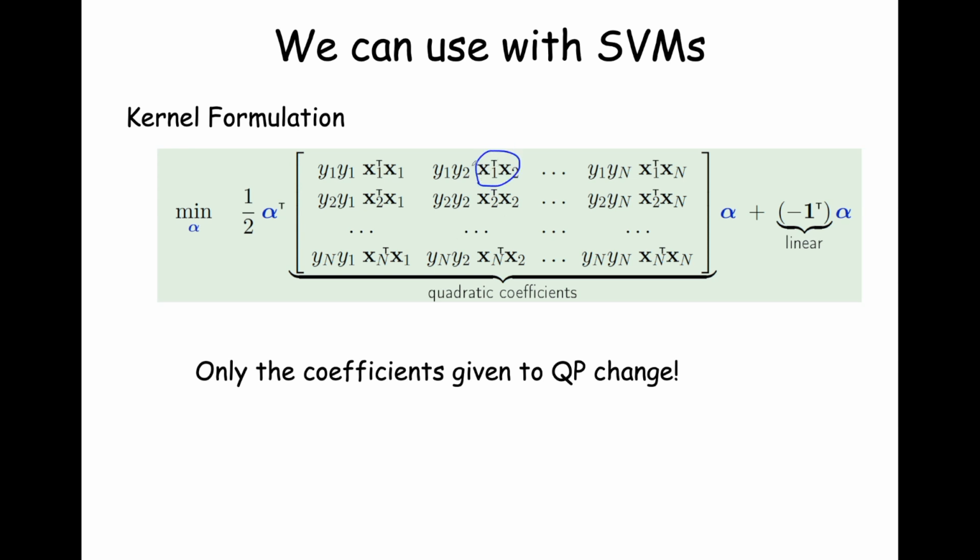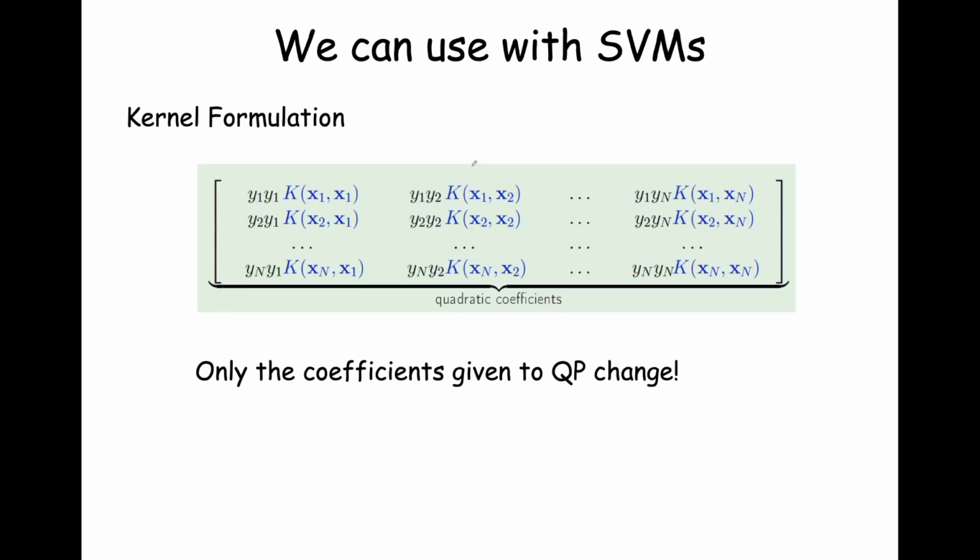We're going to now use the kernel function in place of these inner products. We're going to run the kernel function on these x_i and x_j's. This corresponds to a new coefficient matrix that we feed into our quadratic programming solver, or QP solver, and it'll give us the alphas as usual. This is the only difference, and you can construct this from the data set along with the definition of what your kernel function is.